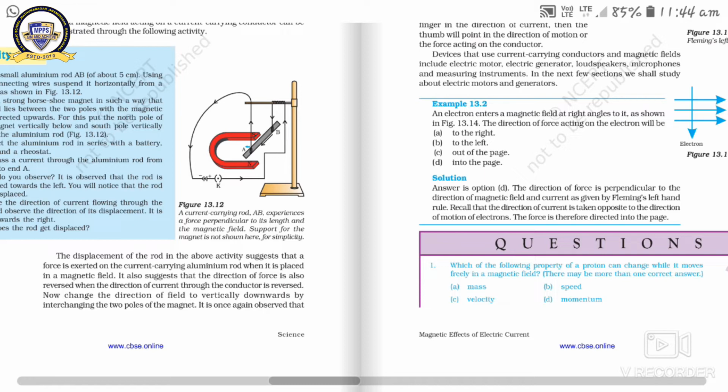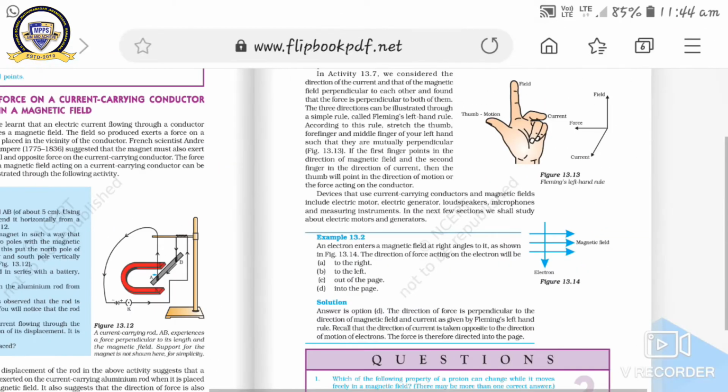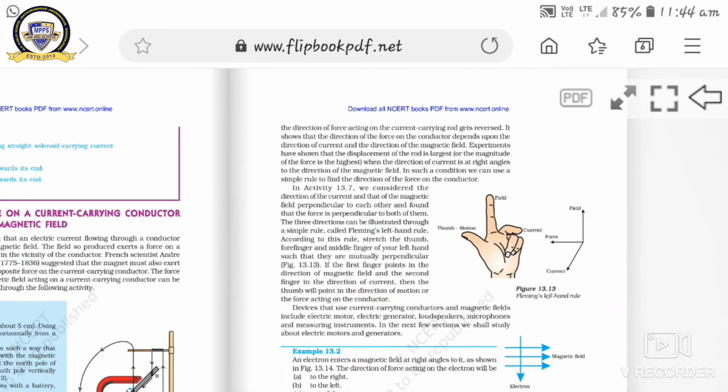Now change the direction of field to vertically downwards by interchanging the two poles of the magnet. It means if you change the place of the two poles, the direction of magnetic field also changes. It is once again observed that the direction of force acting on the current carrying rod gets reversed.